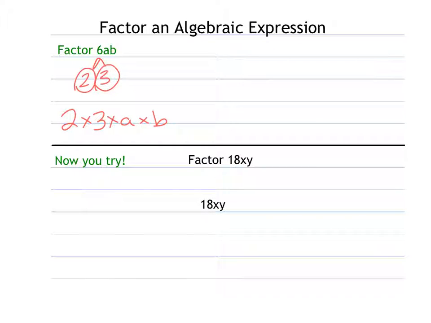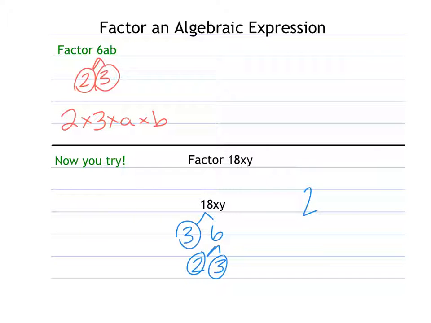Okay, there's one here for you to try on your own. 18xy. So again, I'm going to ignore the xy, and then 18 I'm going to split. This time I'm going to do 3 and 6. Change it up a little. 3 is prime. 6 can be split into 2 and 3.